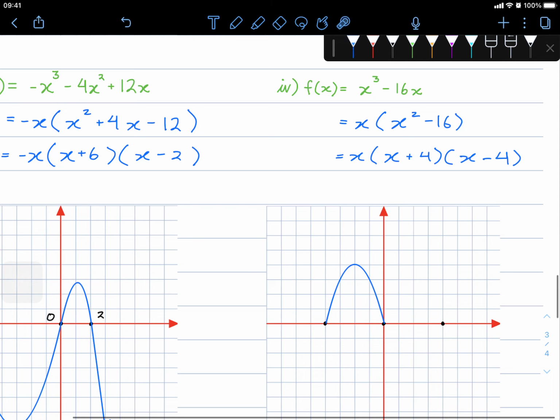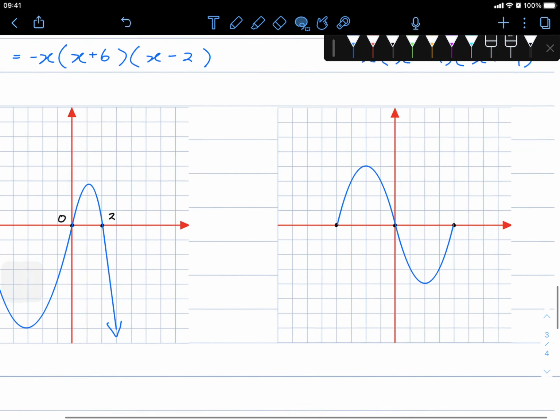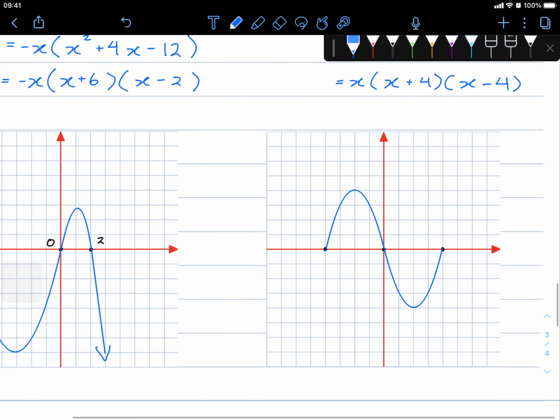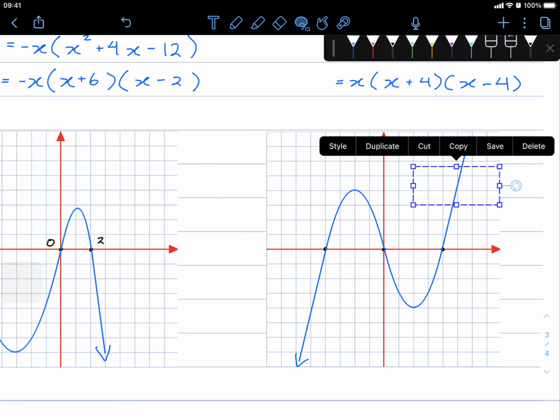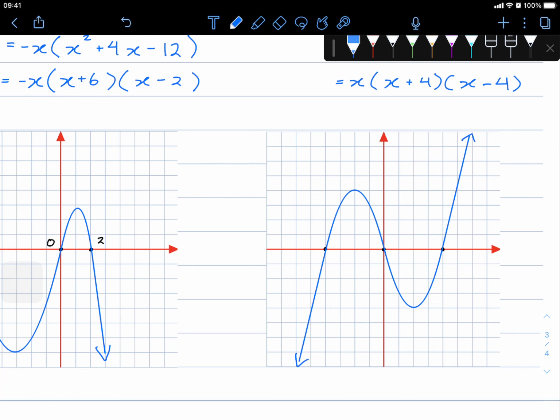And in actual fact, because of this symmetrical nature, it has to be perfectly symmetrical on the opposite side like this. And then from here, we can just finish off the rest. And there we go. Marking our intercepts, -4, 0, positive 4.